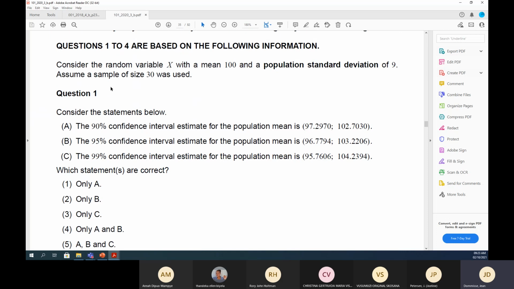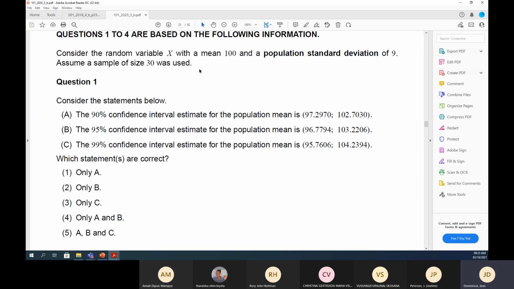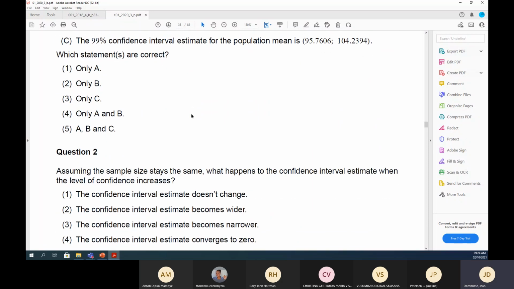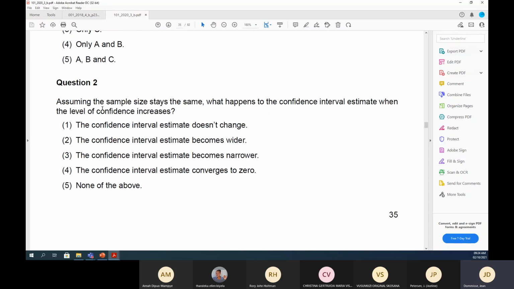See, so the question was, consider random X with mean, population standard deviation, assume a sample size. So those three stayed the same. Then there are changes in the confidence interval. And then you need to say, is it only A that's correct, only B, only C, or combinations? Assuming sample size, so there's your sample size one.